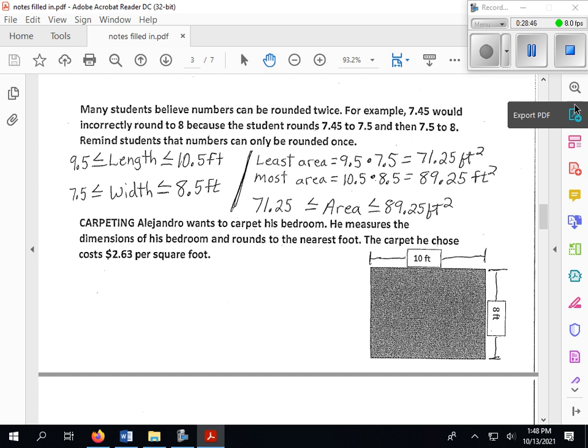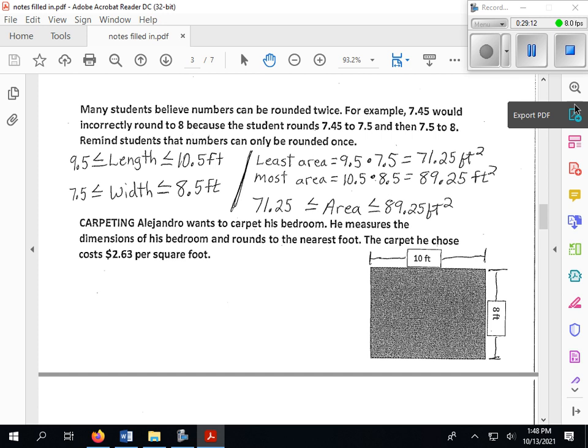What else do we still need to find? The lowest. How can we find the lowest? 71.25 times 2.63. So 71.25 square feet times $2.63. What's that give us? 187.39, rounded. And that's the lowest amount that Alejandro could pay.